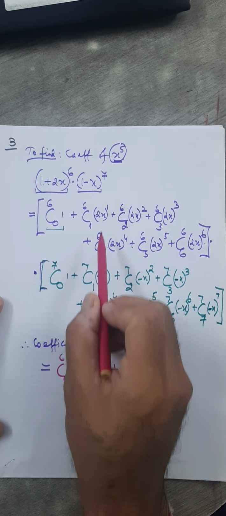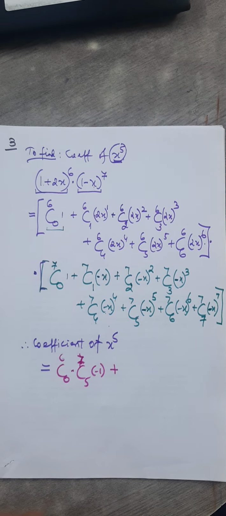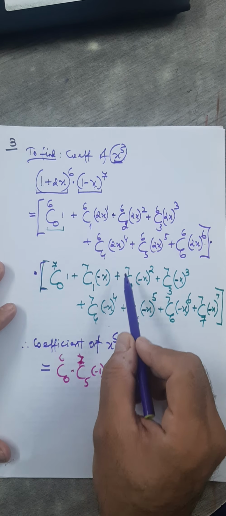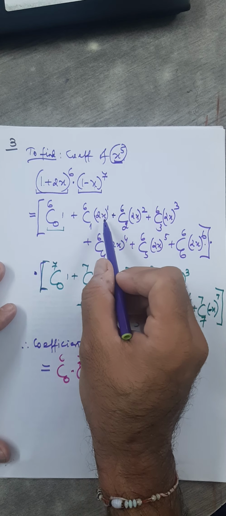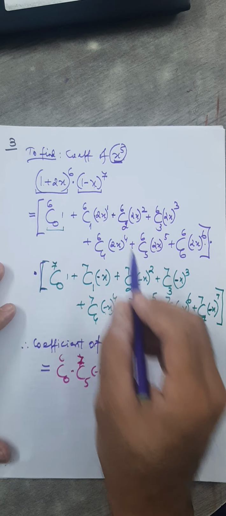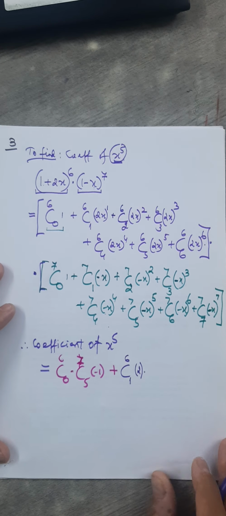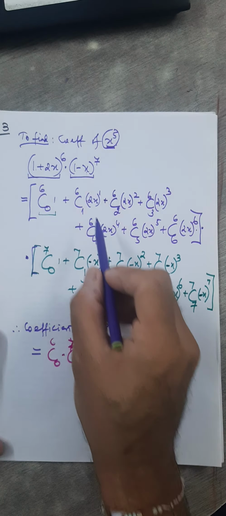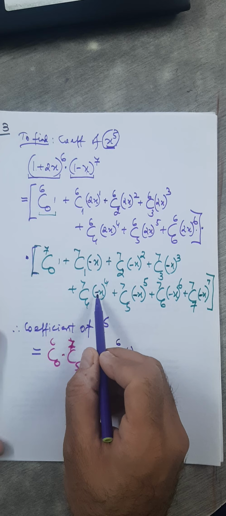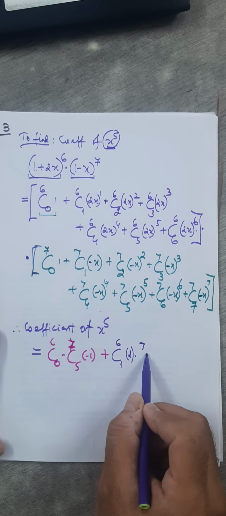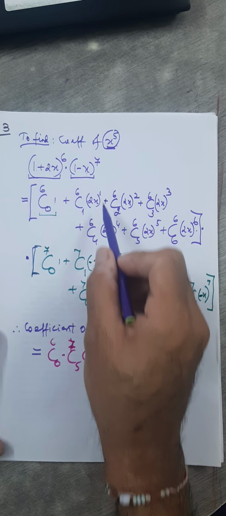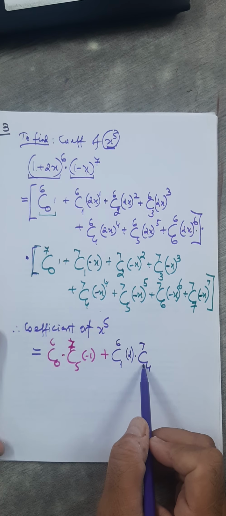Plus, now here you have x, remember. So that x is multiplied with which one? You will get x raised to 5 with x raised to 4. What's the coefficient of x here? That is 6c1 into 2 into 7c4, because of the even power this will be plus. So 6c1 into 7c4. X raised to 4, x raised to 1, x raised to 5.